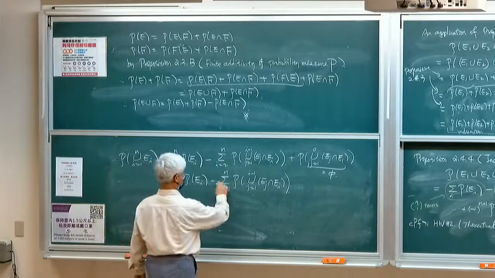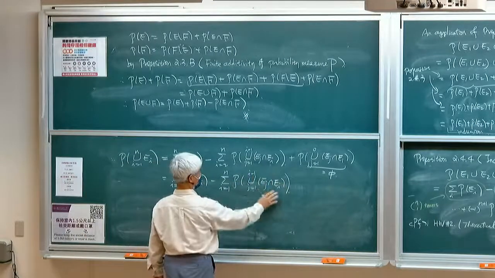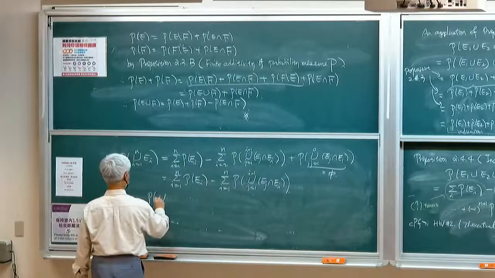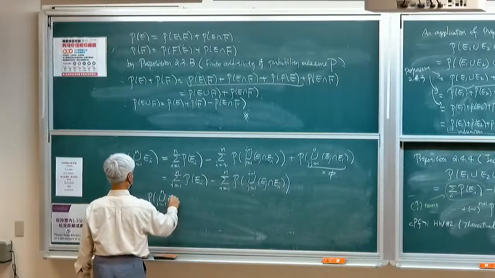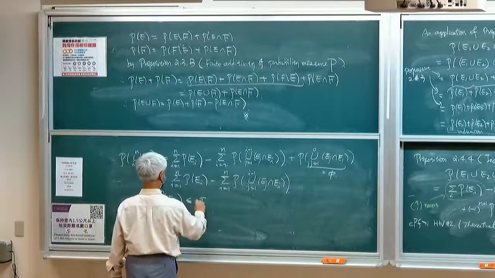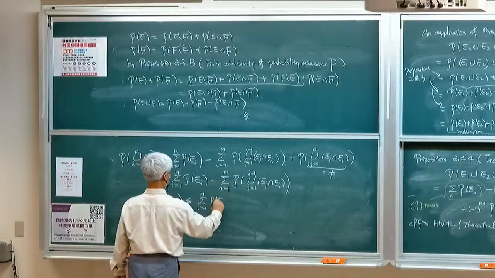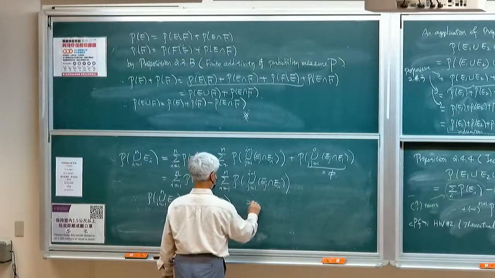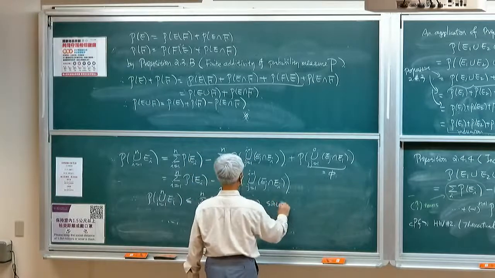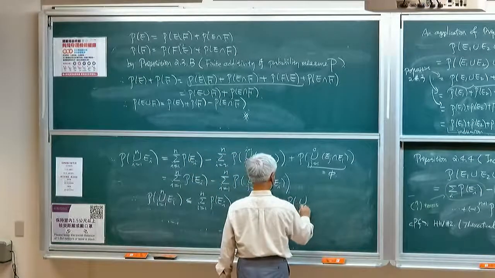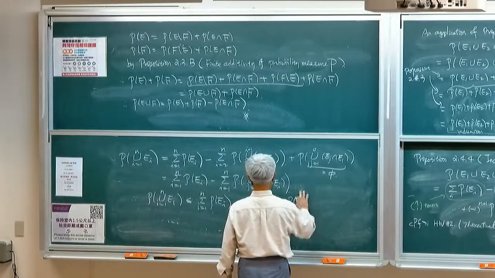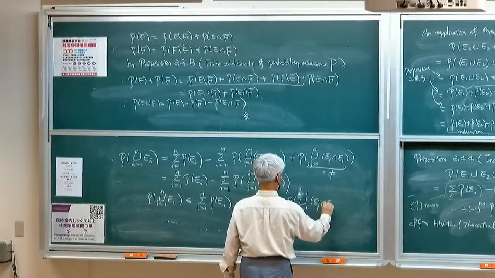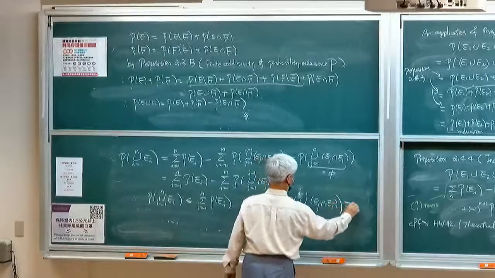And now, because this is probability, they are all non-negative. So from here we prove 2.1, that the probability is greater than or equal to 0.